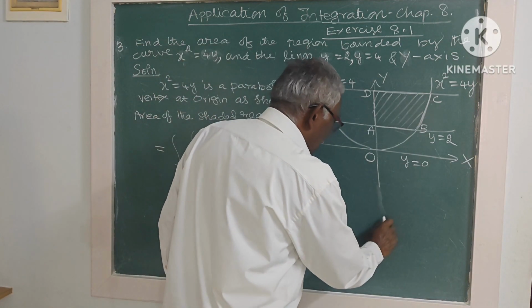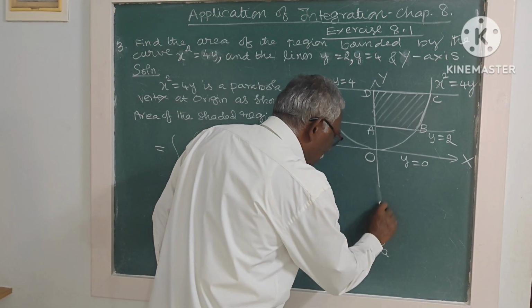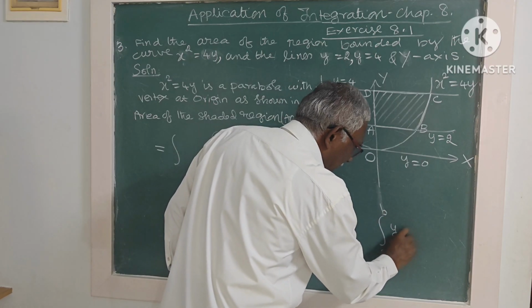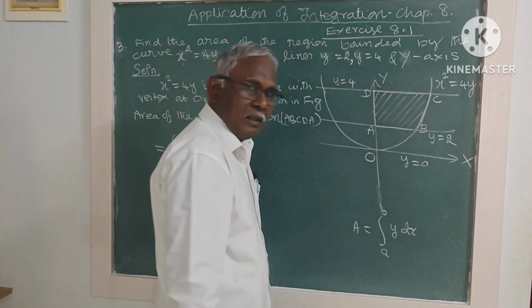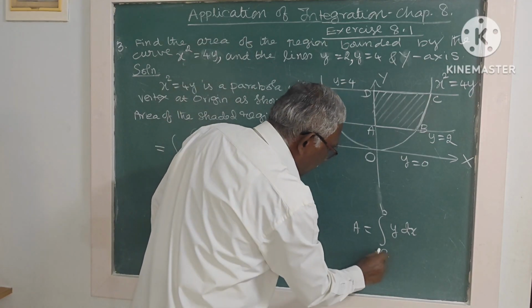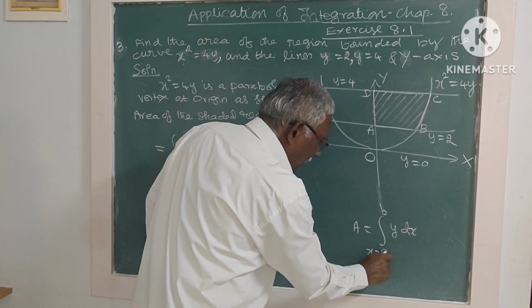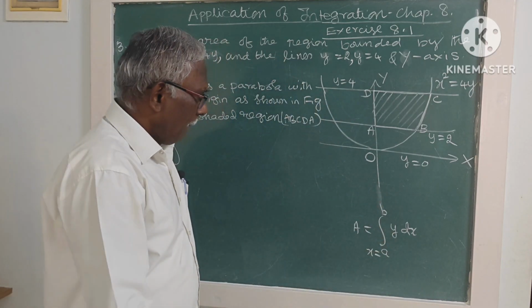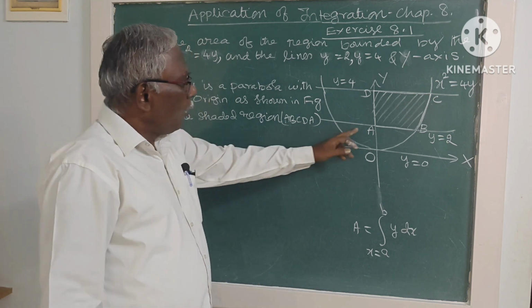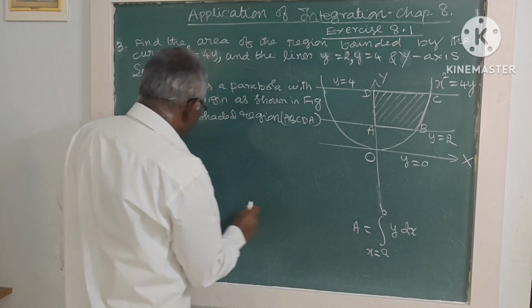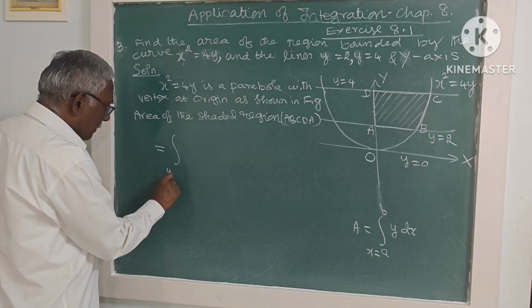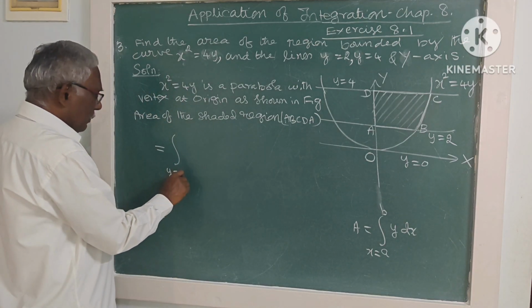Previously we have seen integral A to B y dx. That means x varies from A to B. Here y varies from 2 to 4. So how to write this now?